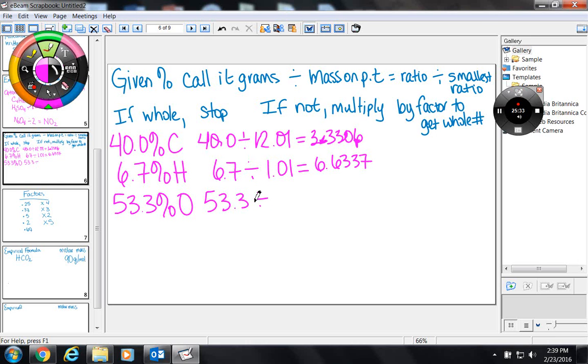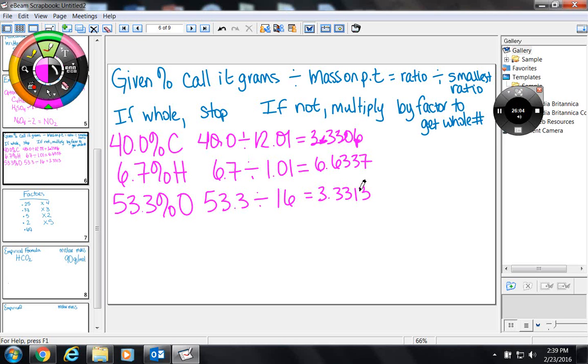What am I dividing by here? 16. All right. So I have 3.3306, 3.3313, 6.6337. Which one of those is the smallest? That one, right?